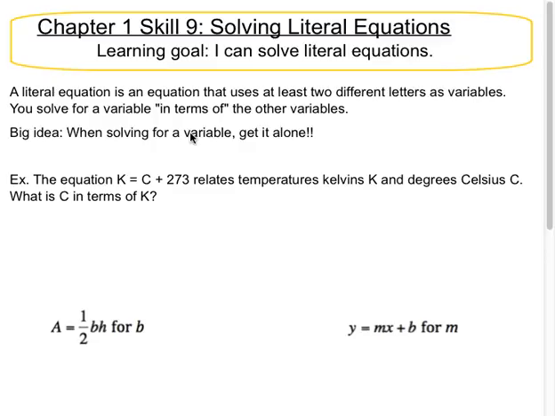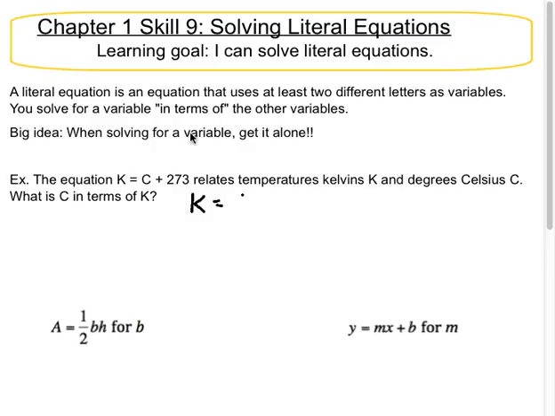So for starters, the equation K equals C plus 273 relates temperatures in Kelvins K and degrees Celsius C. So we want to know what is C in terms of K. If it wants to know what C is, it means get C by itself.